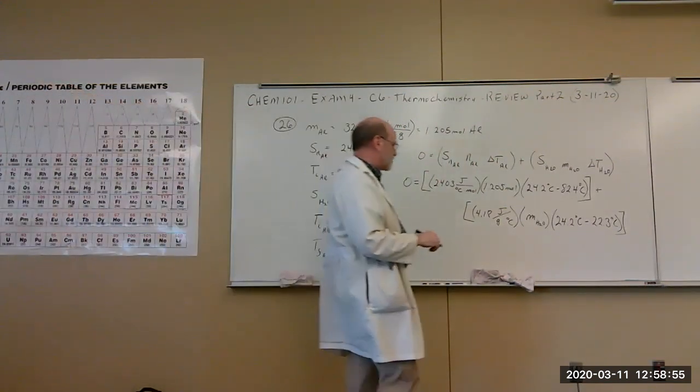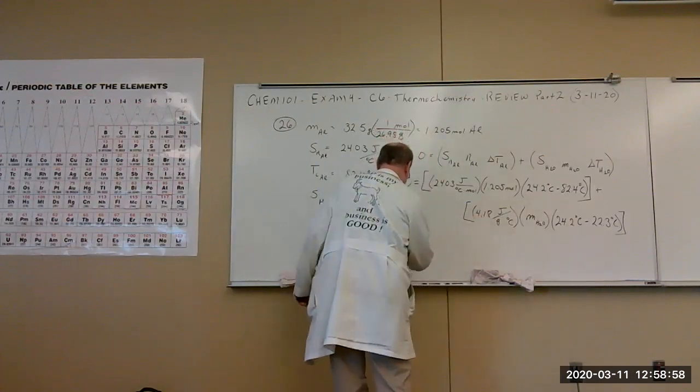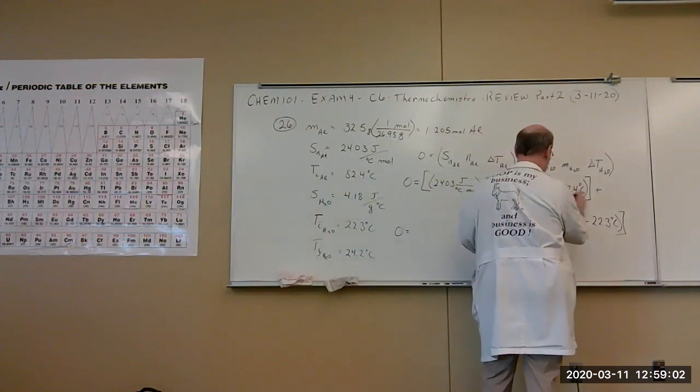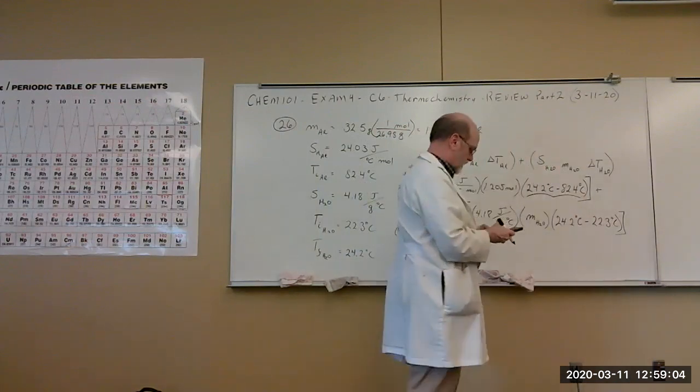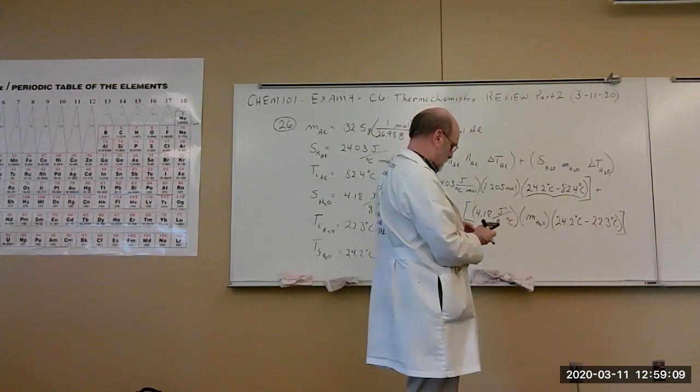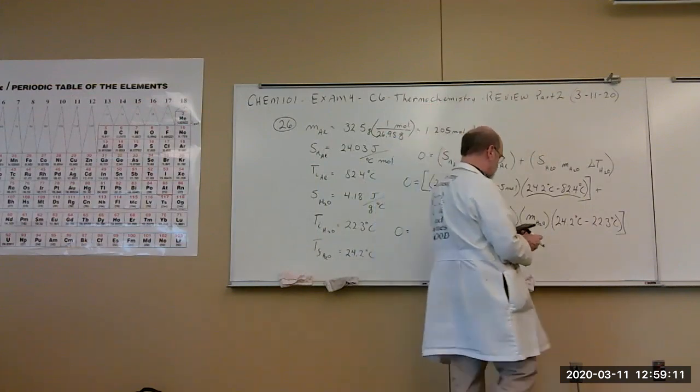Okay, so let's resolve what we can. 0 equals, what's the difference here? We'll just do that as a separate calculation. 24.2 subtract 82.4 is minus 58.2.